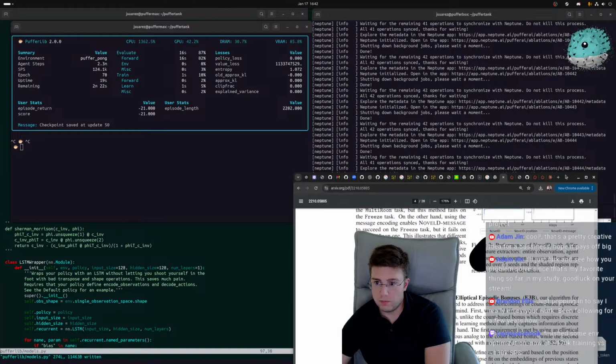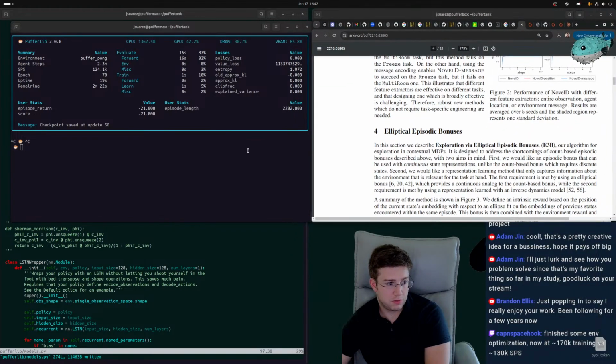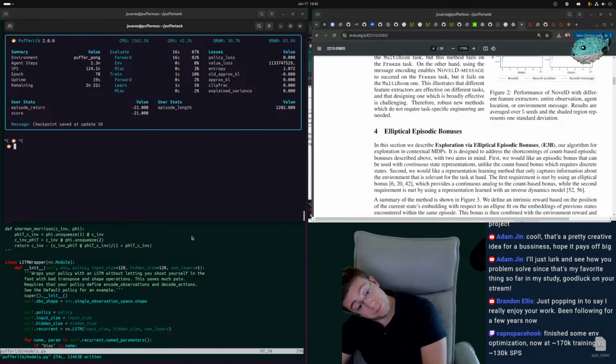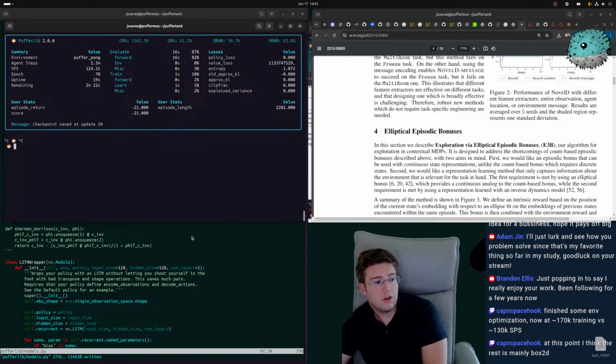Me very stupid. Hey, Captain, finished some env optimization, now 170K training versus 130. Very well done. Very good. M speed is everything. I'm interested to take a look at the way that Box2D handles collisions, because apparently there is a tree, you said.